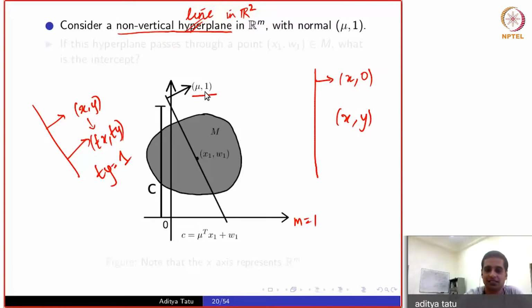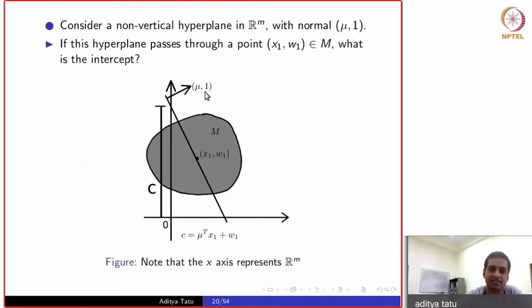Now, just giving you the normal vector doesn't give you the exact plane or line. A plane parallel to this plane will also have the same normal vector. But if this hyperplane passes through a particular point, let's call it x1, w1, which is an element of this set M, then I'm uniquely specifying a hyperplane.